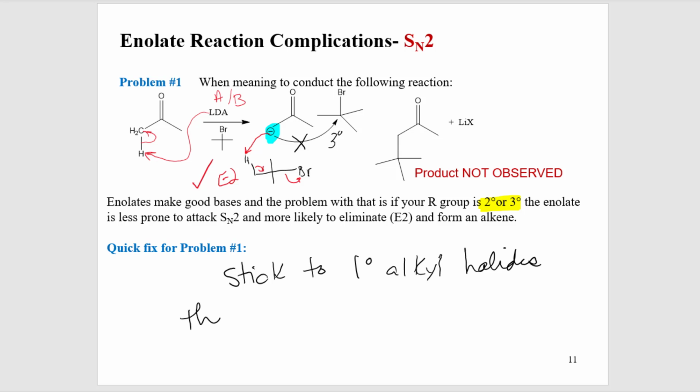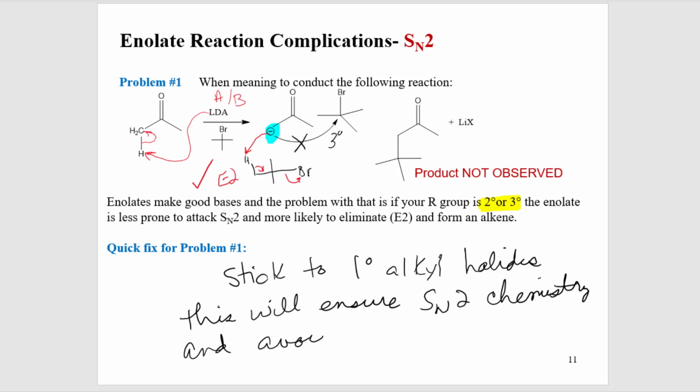This will ensure the SN2 reaction and avoid competition with E2. Okay, that's not such a huge surprise, but it's a good reminder that we're still playing around with the same rules. SN2 is still SN2, even though we've changed the nucleophile into a new species for ourselves.